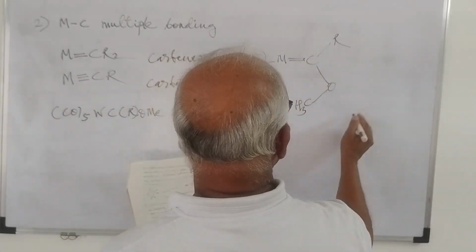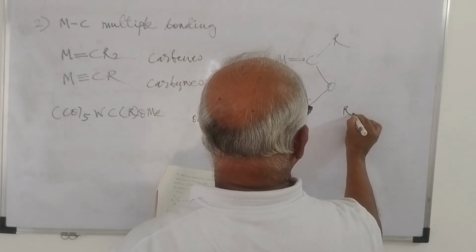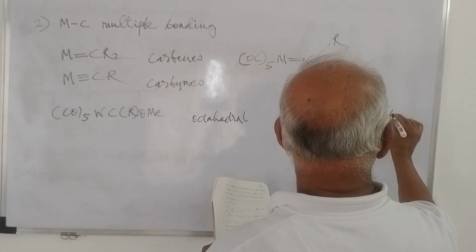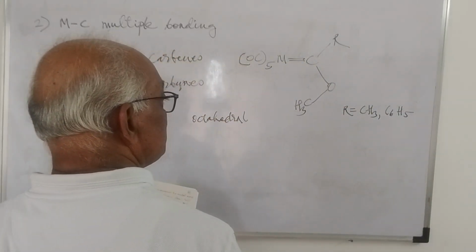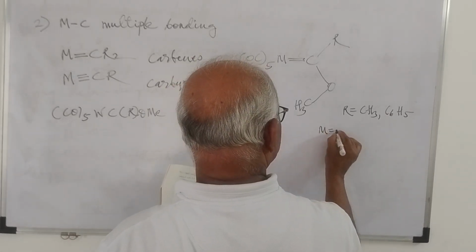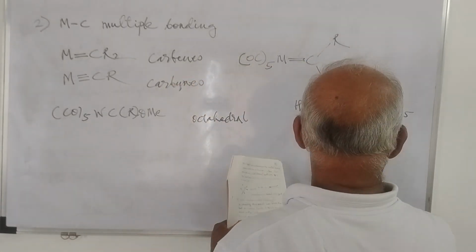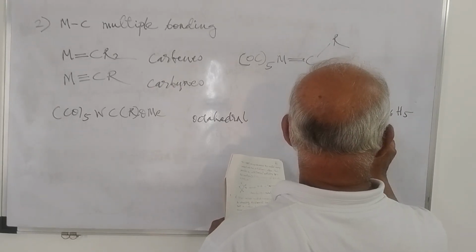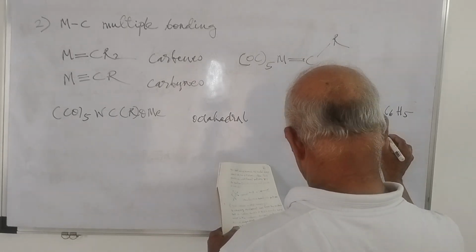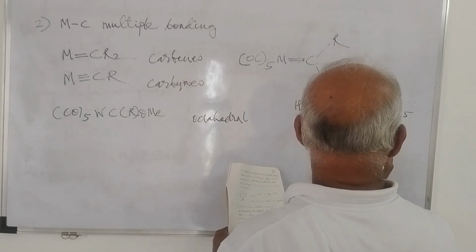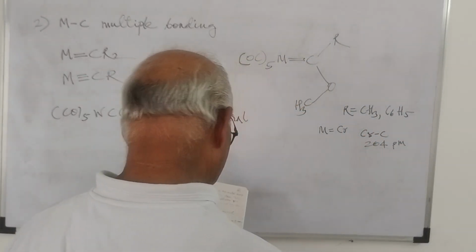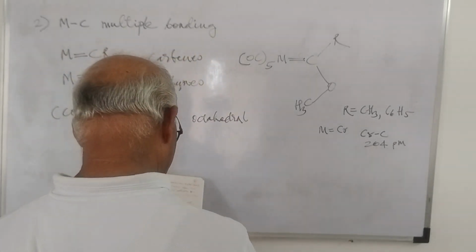So if we consider here R, when R is CH3 or C6H5, and the metal is chromium, then you will find that the chromium-carbon distance is 204 picometer.